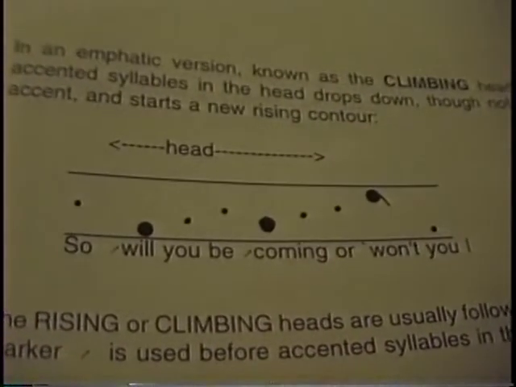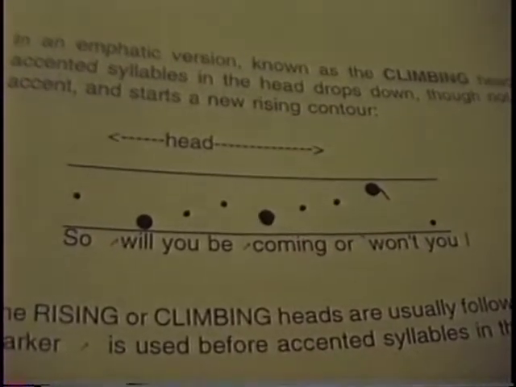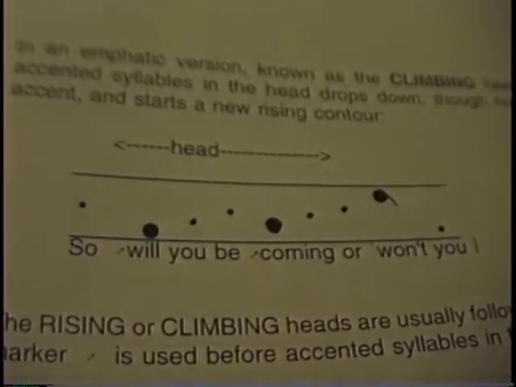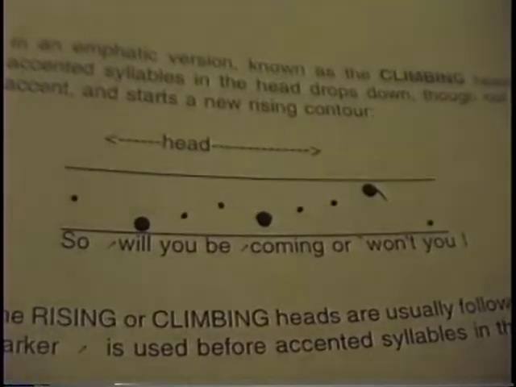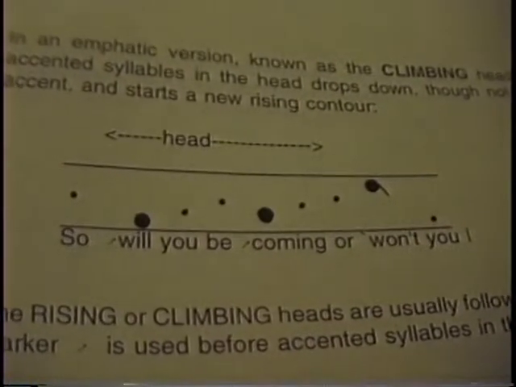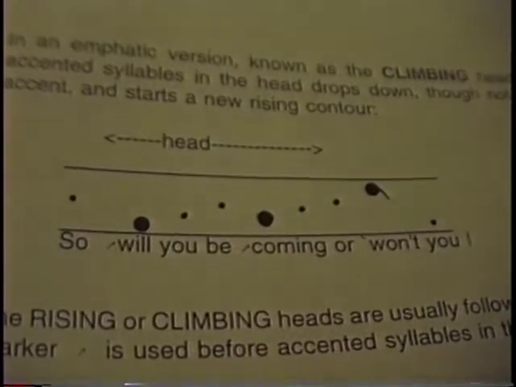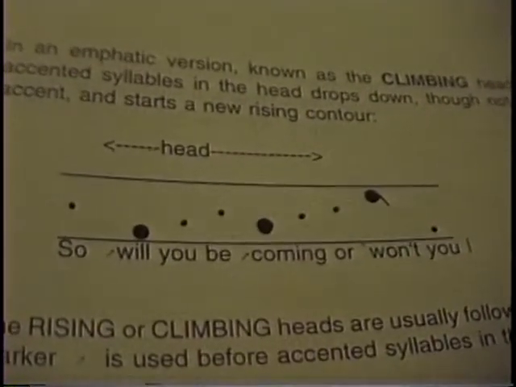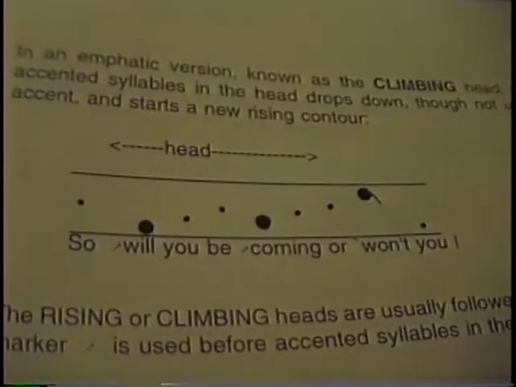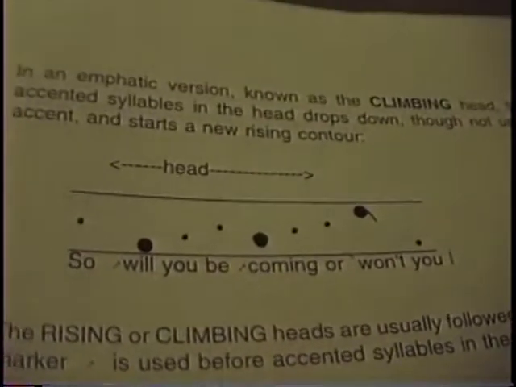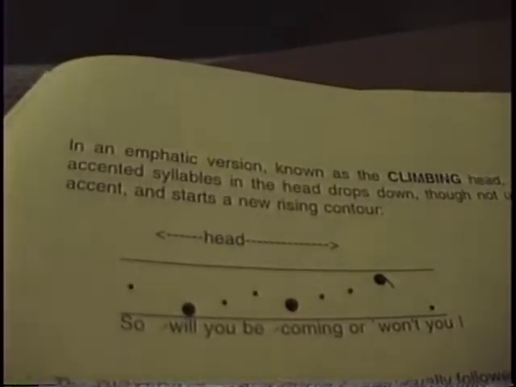If it had been a simple rising head, then the rises would have just gone regularly from syllable to syllable. But to give that extra emphasis, it drops down again and starts again. So it's a little rise starting on "will", and then a new rise starting at a different point on "come", and then gradually going up to the nucleus. Will you be coming or won't you?